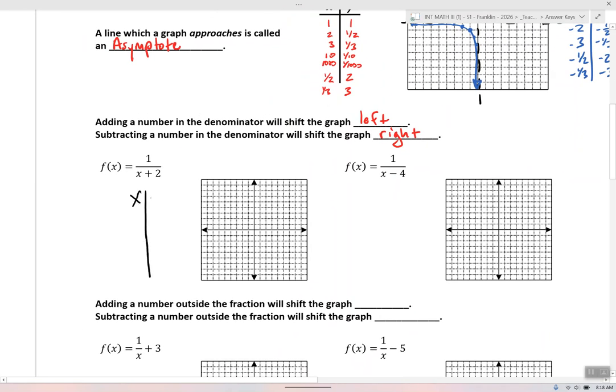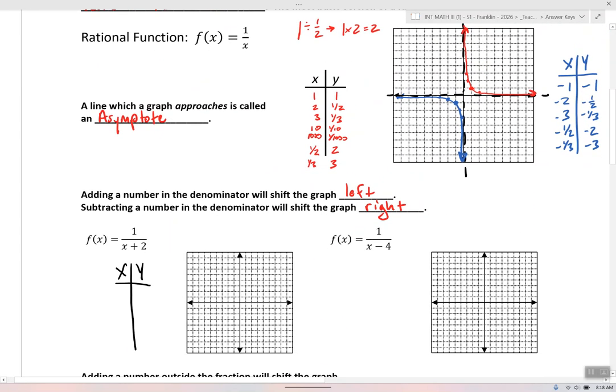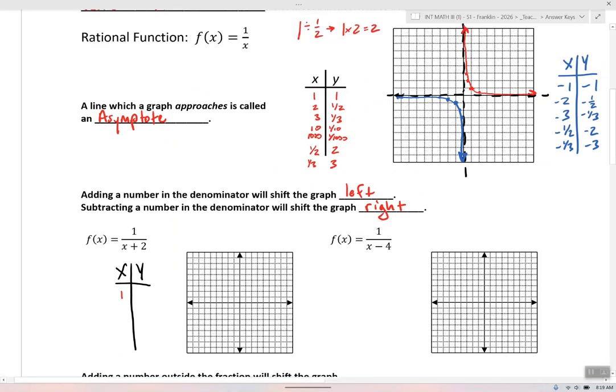We won't do this for every single one, just to show an example. So before, for my graph up here, my parent function, if I put 1 in, that gave me 1. But here it's going to give me 1 over 3. So I have a point at 1, 1/3.